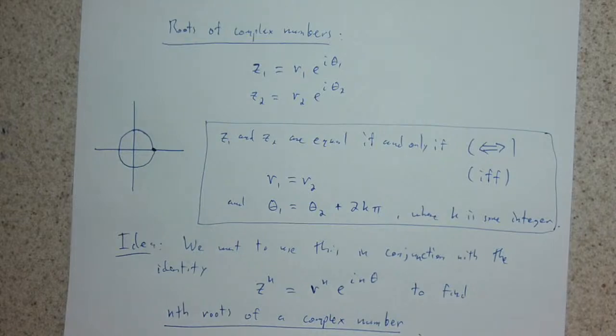All those polynomials fully factor into linear factors. That's something that doesn't happen in the reals, but it does happen for the complex numbers, and it's really, really nice. The first place you would notice that is in trying to find nth roots of complex numbers. So that's what we're going to do.